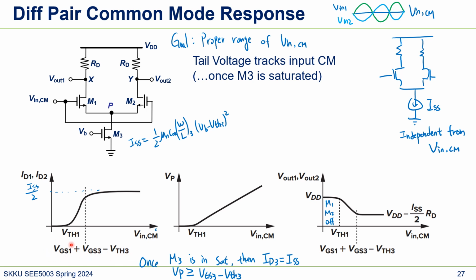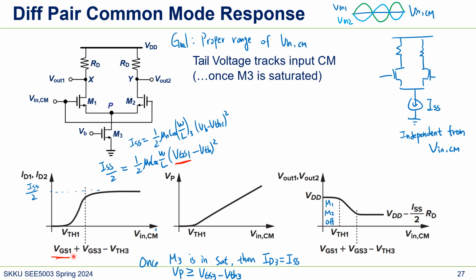Then what about this VGS1? VGS1 is VTH plus the square root of 1 over 2 mu n COX W over L times ISS over 2. So this VGS1 in the graph means this one.